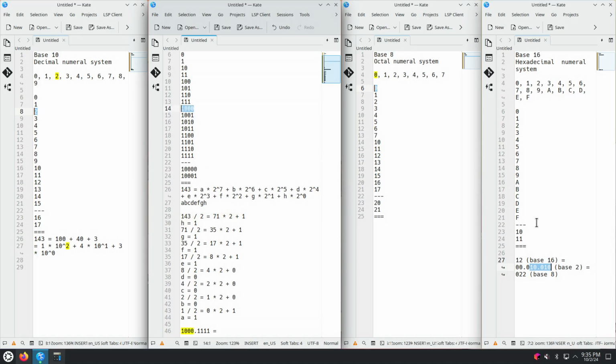So 14 is 8, and this thing is the largest one, 21, which is F. So 8F is 1,000 times easier to remember than 8 base 2 digits.